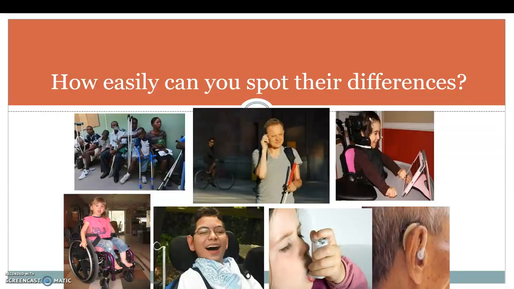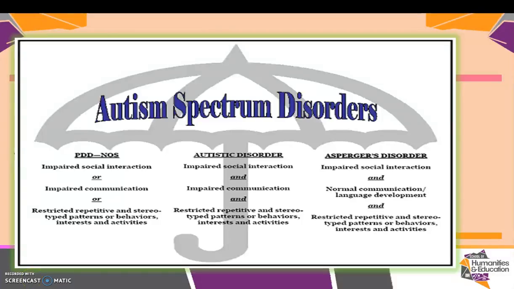And for some of the low incidence disabilities that we'll be looking at, especially in today's session, for many of them, it may not be that easily identifiable unless you pay close attention. So let's take a look at autism spectrum disorders. Now, a diagnosis of autism is made on the basis of observed behavior.